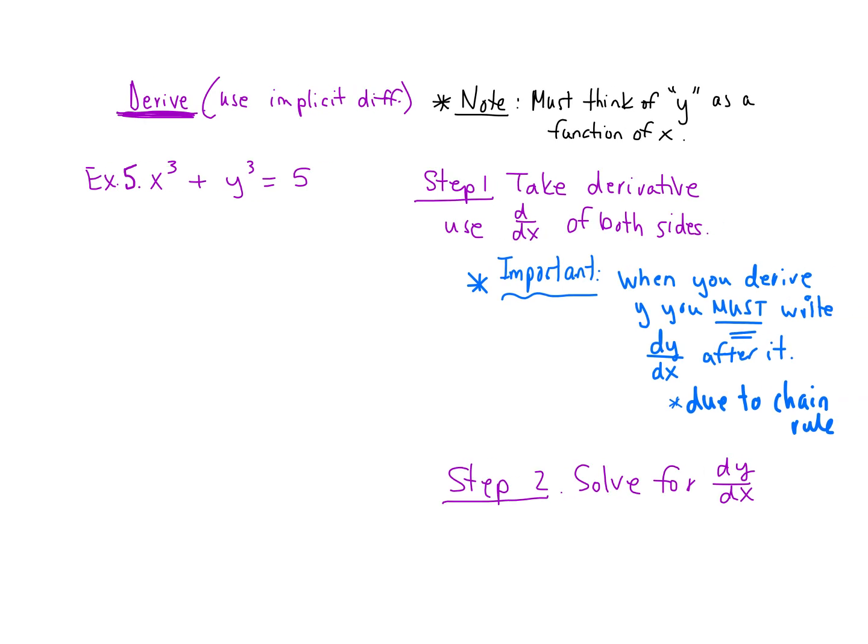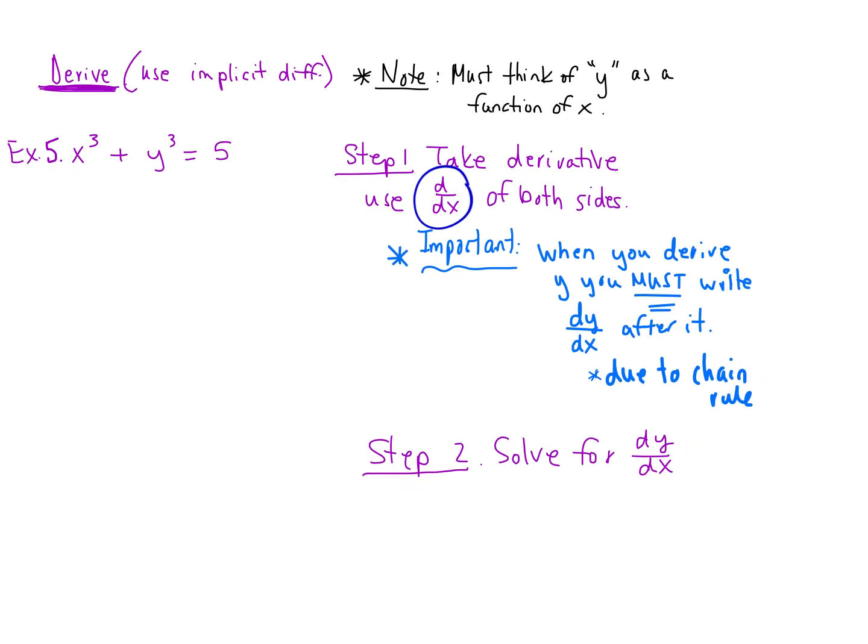All right, so we're going to be taking the derivative using implicit differentiation. You must think of y as a function of x. Step 1 is to take the derivative. You can use d over dx on both sides, but we're just taking the derivative of both sides. What's the most important here is when you derive y, you must write dy dx after it.